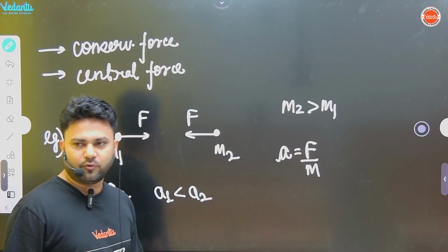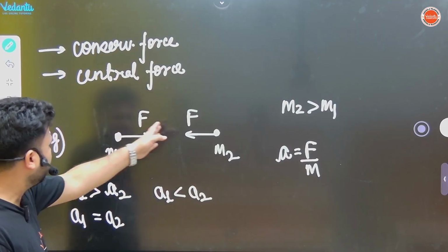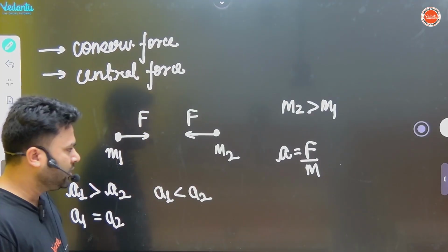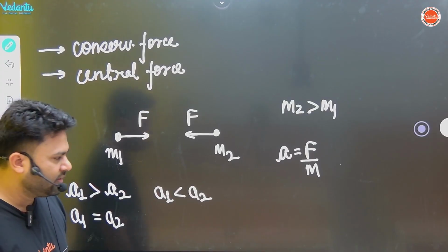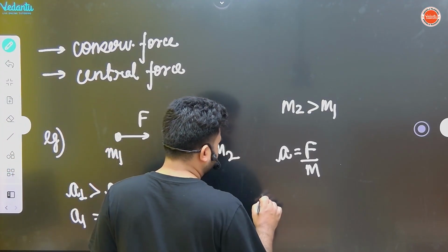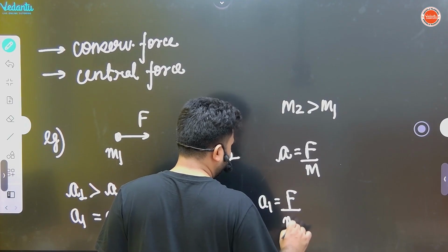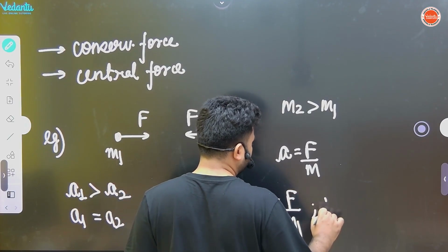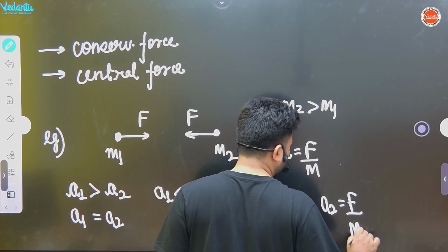Force equals mass into acceleration, so acceleration is force by mass. The force is the same for both objects, but the mass is different now, so the acceleration will be different. The acceleration of 1 will be force divided by mass of 1. Similarly, the acceleration of 2 will be f divided by mass of 2.